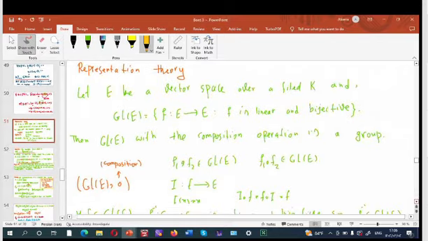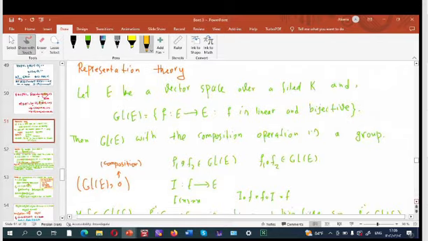And ρ_G of any function, if you denote this by t, for example, this is your t, okay? ρ_G(g) of t of x equal to t of xg, okay? ρ_G(g) of any f of x equal to f of xg.